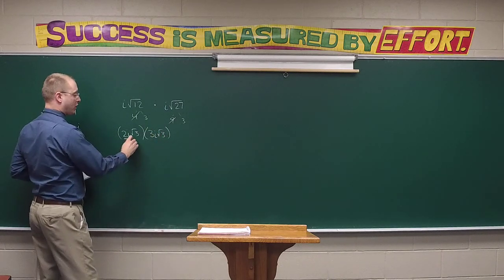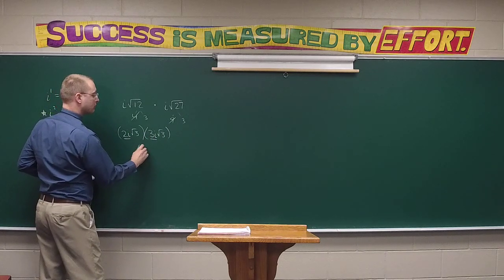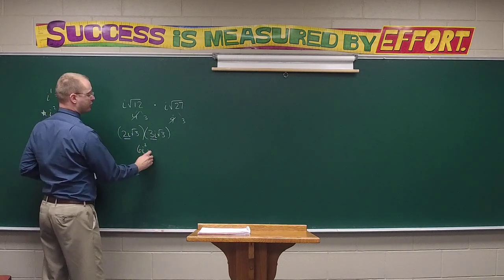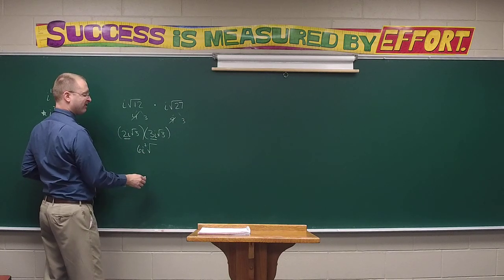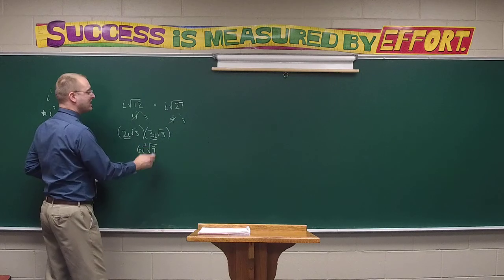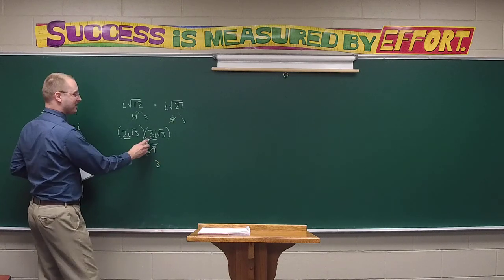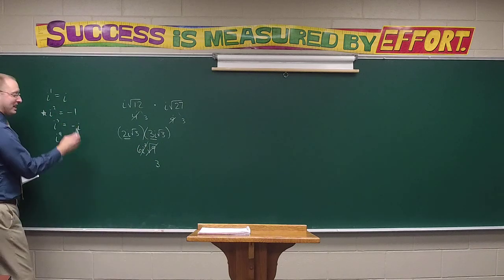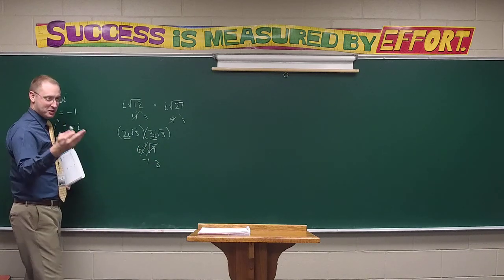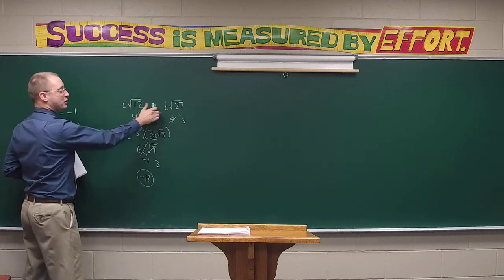And when I multiply the coefficients, 2i times 3i, 6i squared. And the square root of 3 times the square root of 3 becomes the square root of 9, which is just 3. And the i squared becomes -1. So our final answer comes to -18.